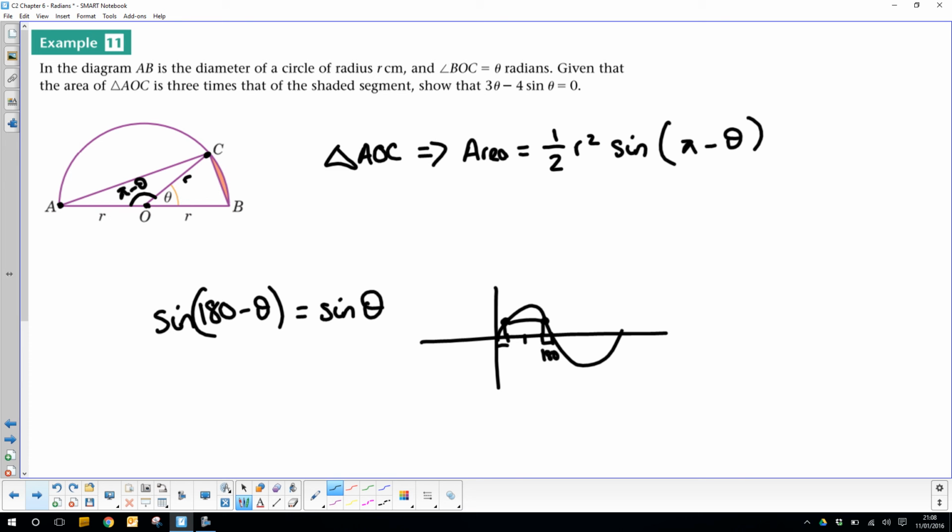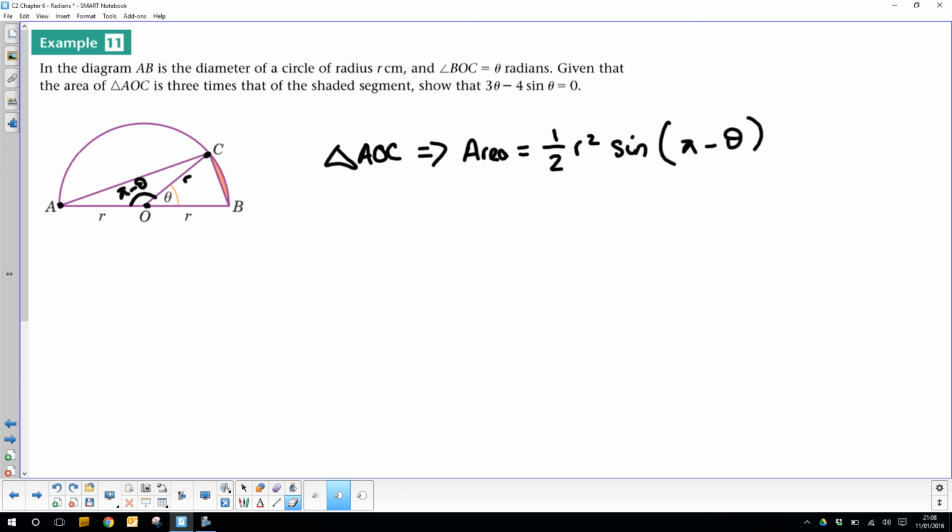If that's not making any sense, do ask me, but I'm not going to go through it on here. I will happily go through it with individuals, so do let me know if that's something you're not sure about. But ultimately, we can say that the area of triangle AOC is a half r squared sine theta. Okay, so that is the area of AOC.